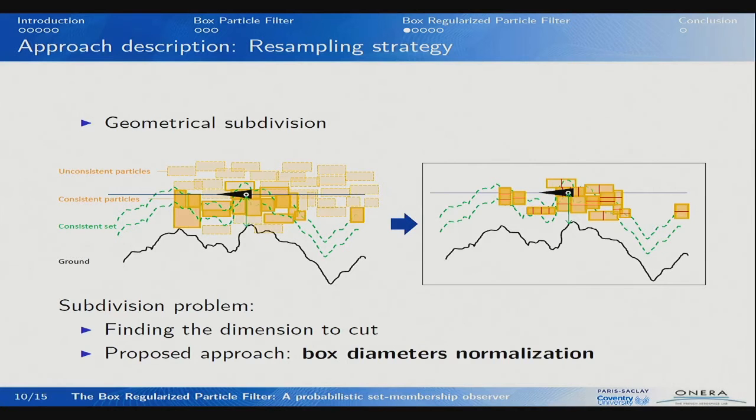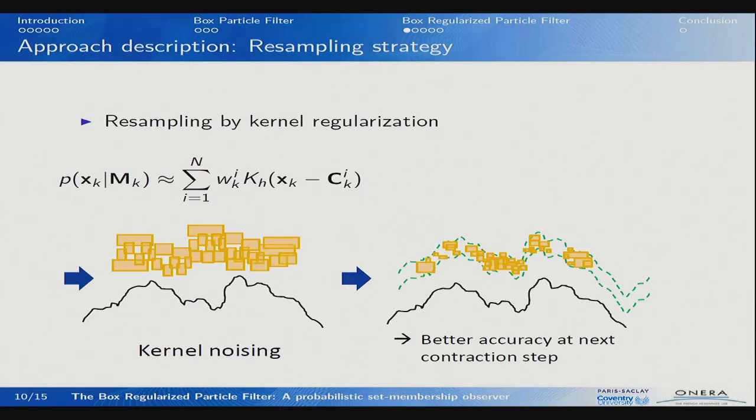So we proposed a normalization method to get some well-proportioned box particles, and also to normalize, because we have several physical dimensions. We have position, velocity, attitude. It is difficult to compare them, and what we propose is normalizing them to get the larger side of the box, and the larger side after normalization needs to be subdivided. This helps to end with a well-proportioned box.